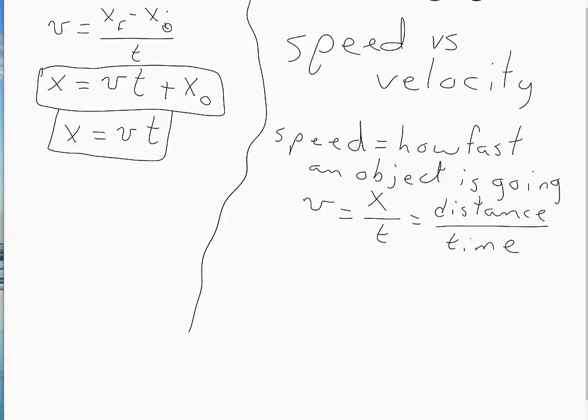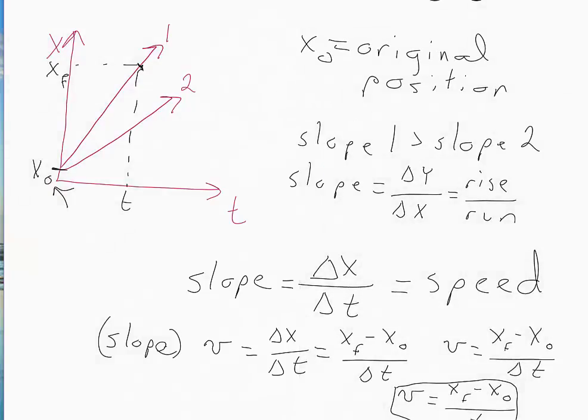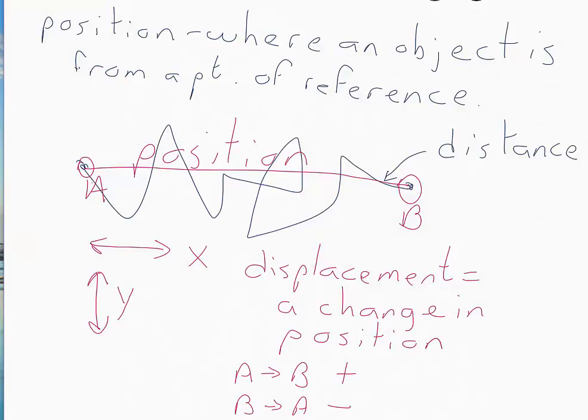So remember at the very beginning when we had that crazy path that we went on? If we measured that entire distance and divided by how long that entire crazy path took us, that would tell us the speed of the object that did that path.